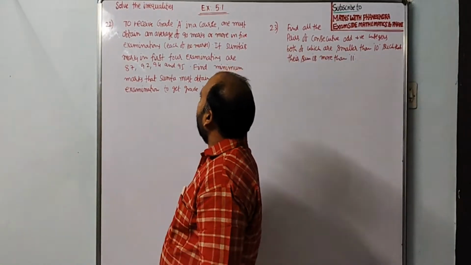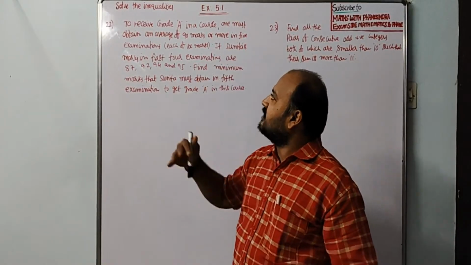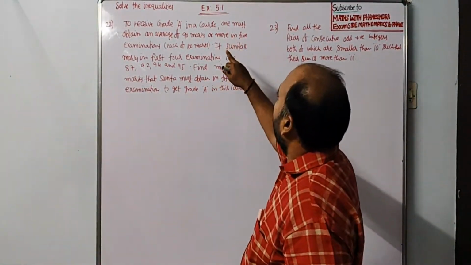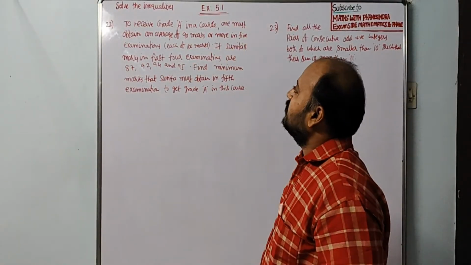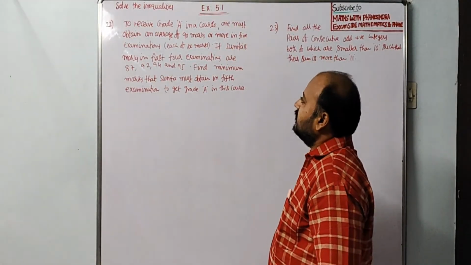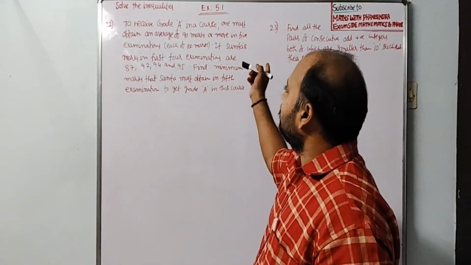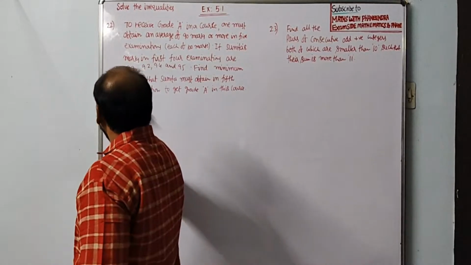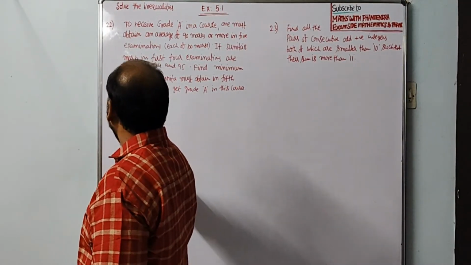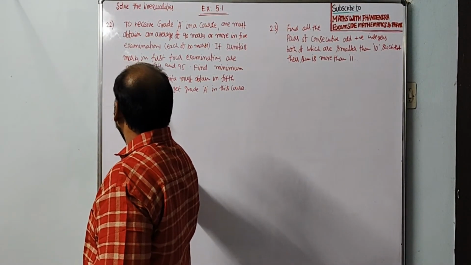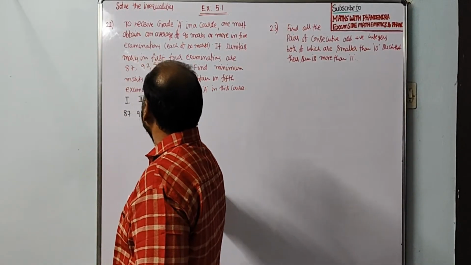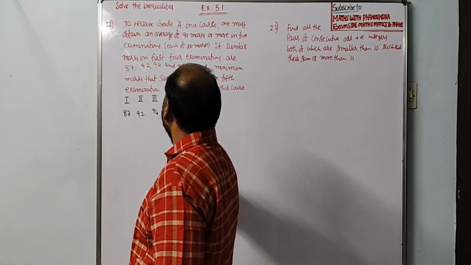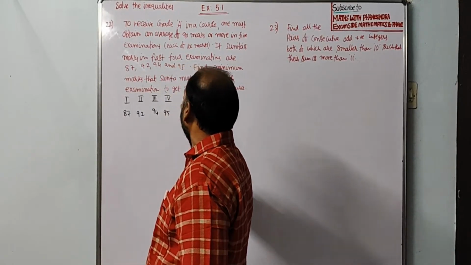To receive grade A in a course, one must obtain an average of 90 marks or more in 5 examinations, each of 100 marks. If Sunita's marks in the first 4 examinations: first examination she got 87 marks, second 92, third 94, fourth 95.